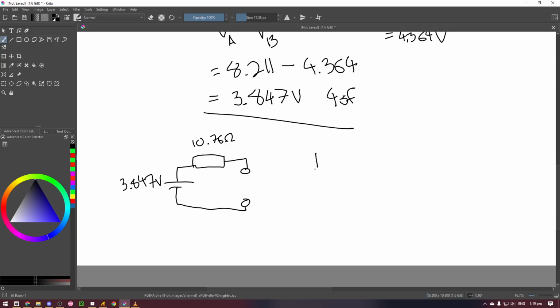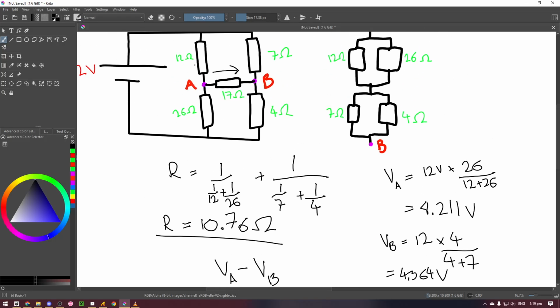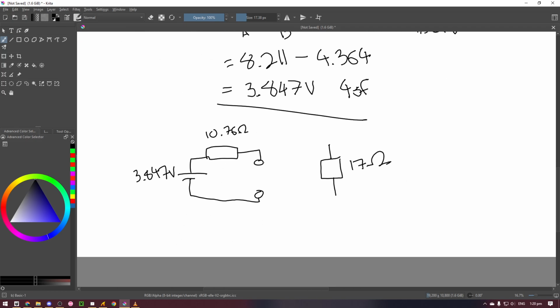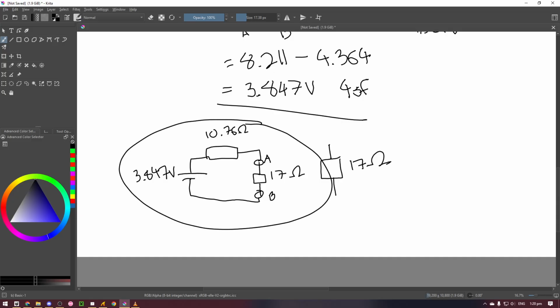Now what we can do is bring down the 17 ohm resistor, R5, from here, and put it back in the circuit between A and B. So here we'll have the 17 ohm resistor. And now we have a full circuit.